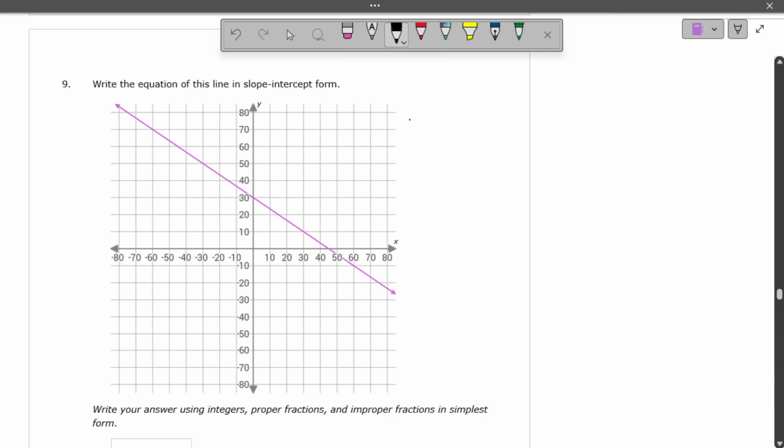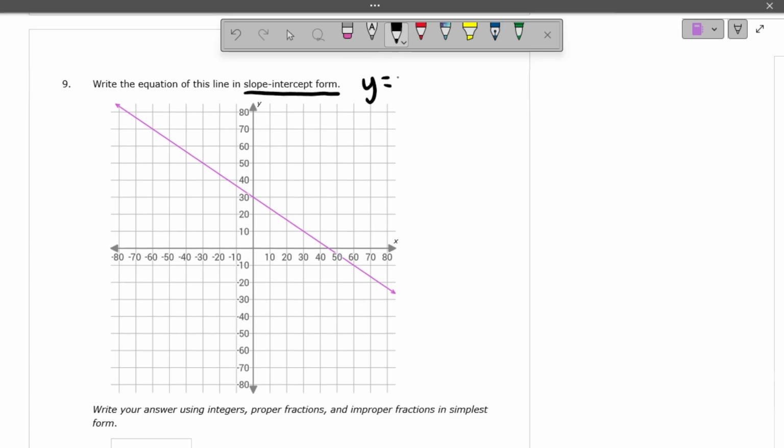Moving along to 9, we now have a graph, and we're going to write the equation of this line in slope-intercept form. So we want our equation to look like y equals mx plus b. So how do we do that? Our b is our y-intercept.